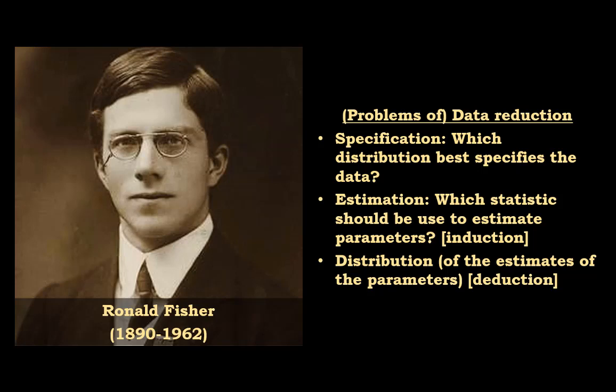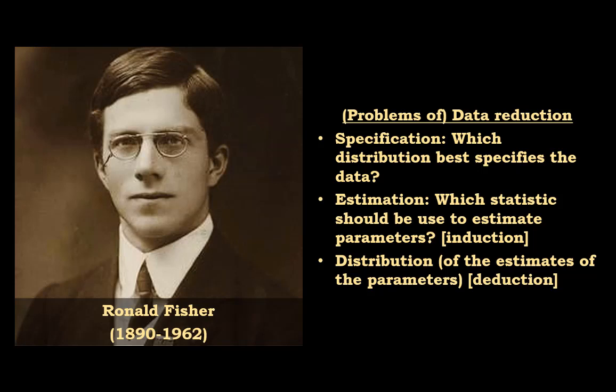The second problem of data reduction is estimation. And that is the problem of deciding what statistic we should use to estimate parameters. And here we've got two very important terms. One, the term statistic, which is a technical term that is different than statistics as a discipline.